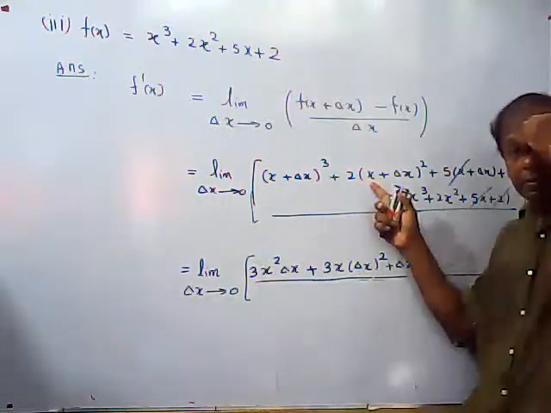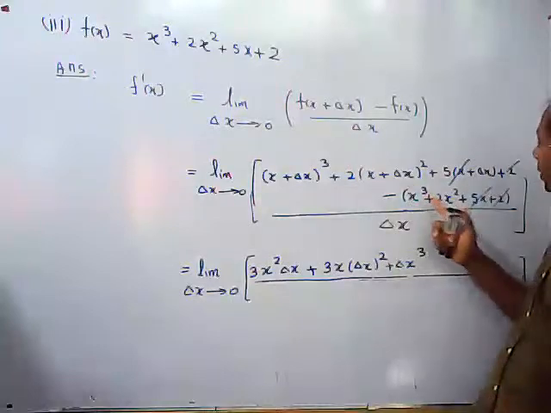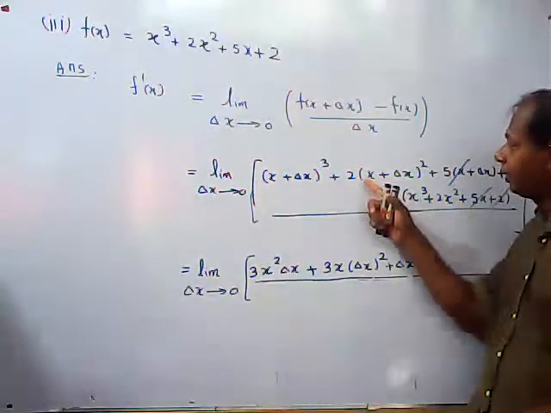So when you expand this, the first term x square will get cancelled with this 2x square, leaving the other terms.